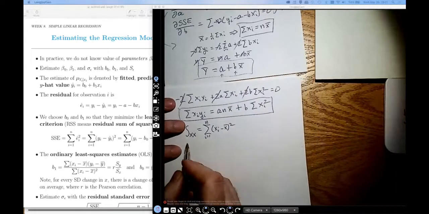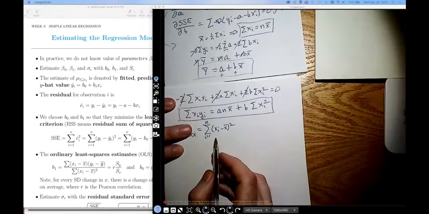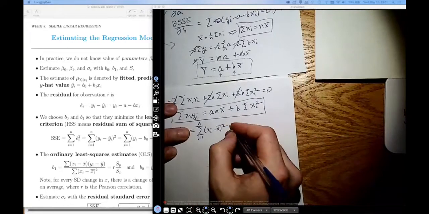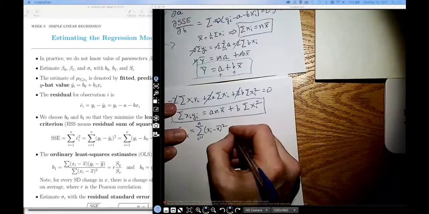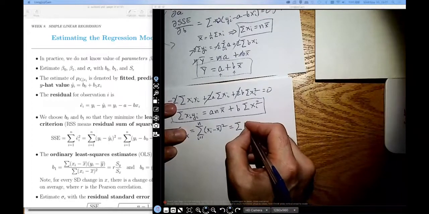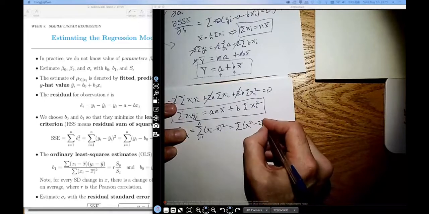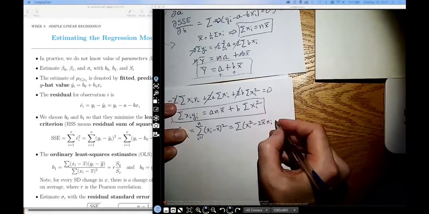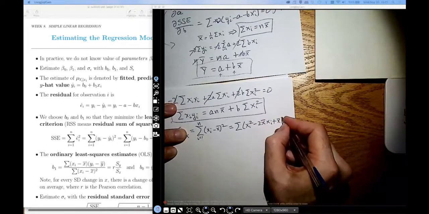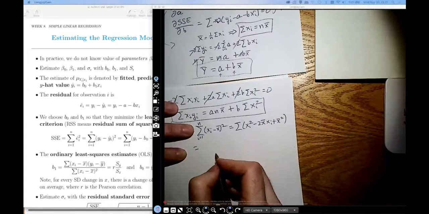Now, I need a little rewrite on this. This is the definition of the term. What I'll do is simply expand the squares here. So we can think of this as the sum of xi squared minus 2 x bar xi plus x bar squared.